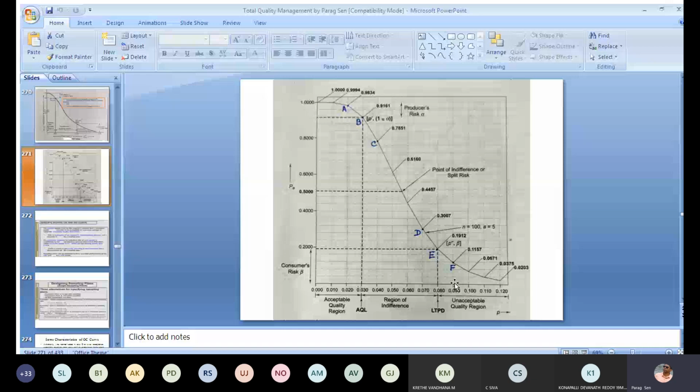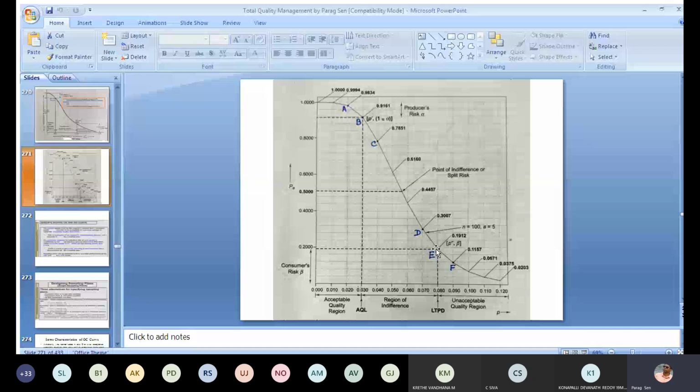So in this picture, you can see that the producer and the consumer have mutually agreed upon these 2 points, B and E. How have they decided these points?